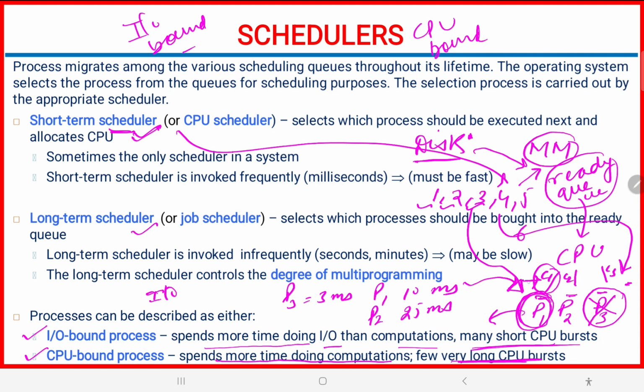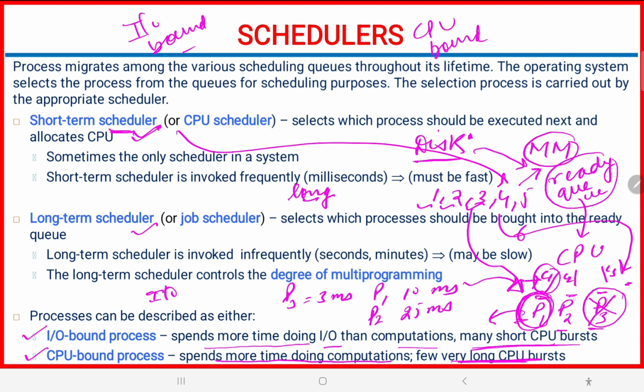The short-term scheduler executes quite frequently because some of the processes with these cores may be executing with the CPU for a longer period of time, while others may execute for a shorter period of time.